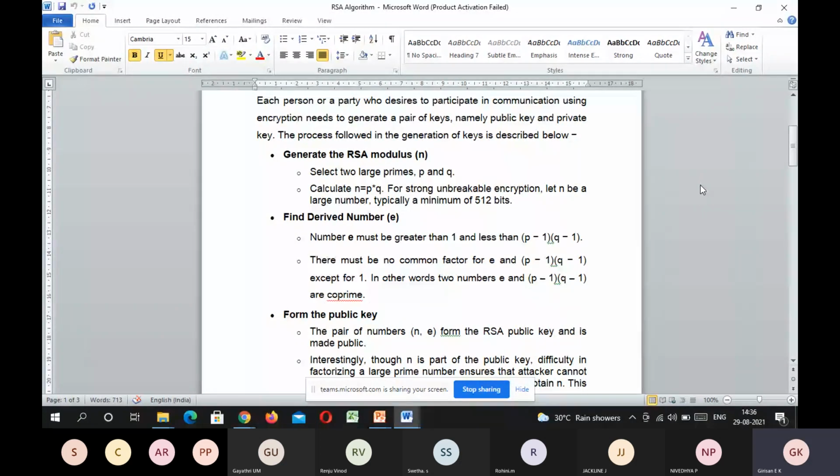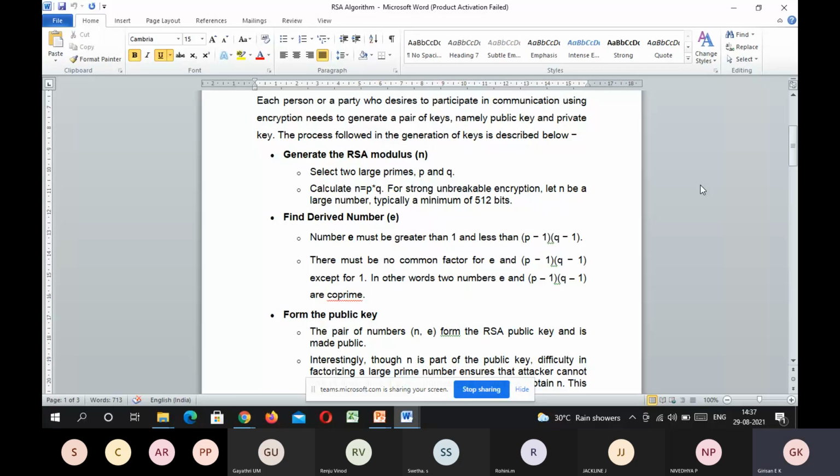The third important step is to take a number E which must be greater than 1 and less than (P minus 1)(Q minus 1). For example, if P is 23 and Q is 41, we must select a number E so that it is greater than 1 and less than (P minus 1)(Q minus 1).